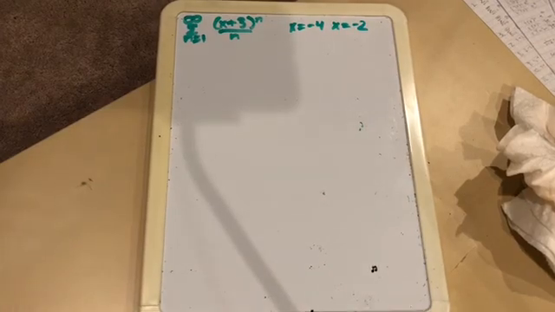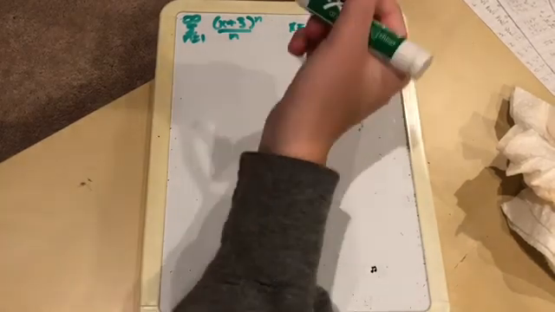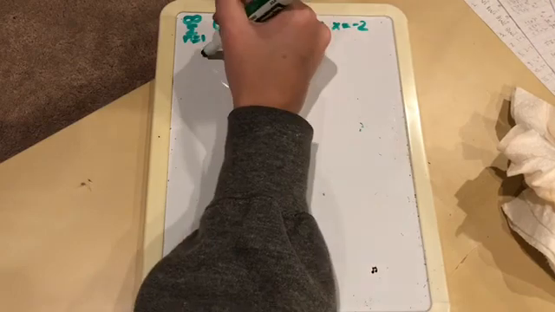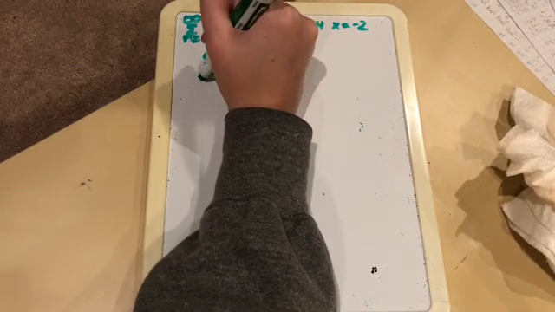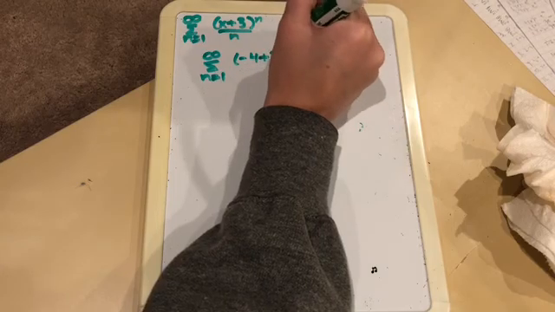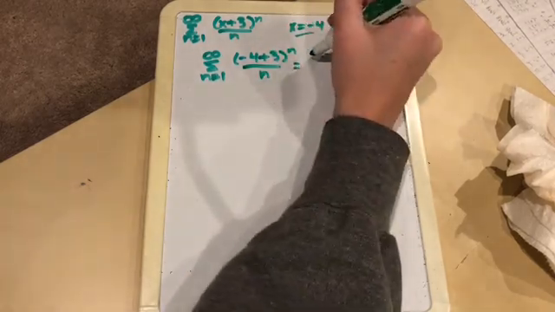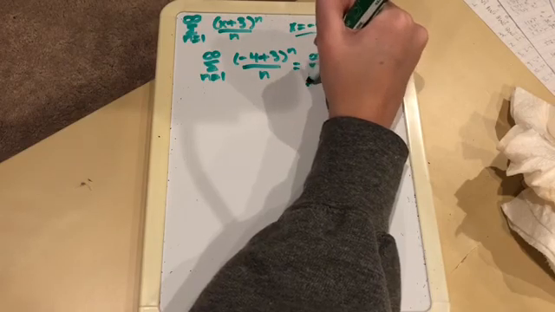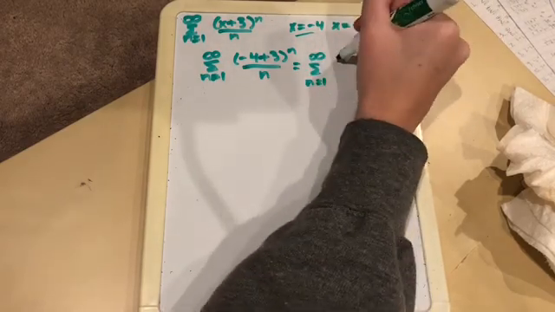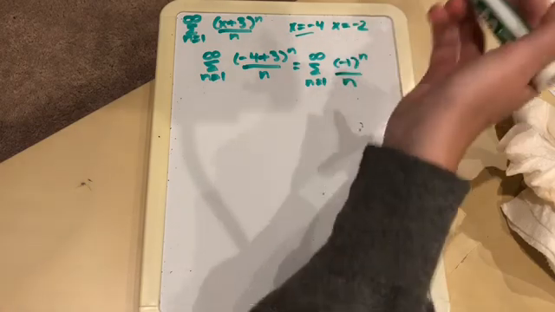All right, so now we have our two x values and our original series. So let's start by checking this x equals negative 4 value. So we plug that in for the x, and we get (-4+3)^n all over n, which is the same thing as (-1)^n all over n.